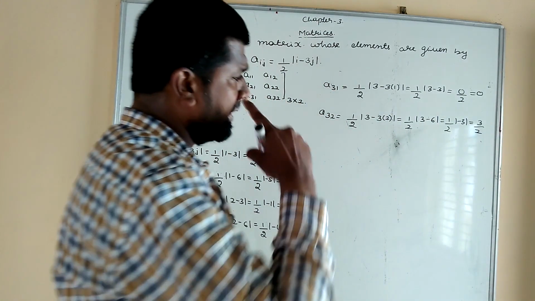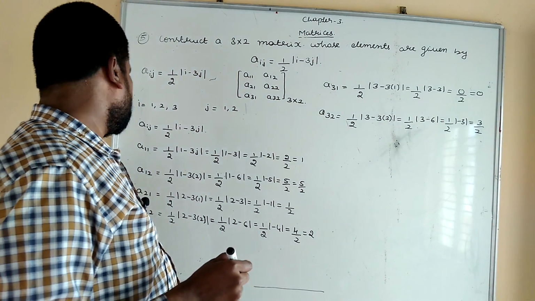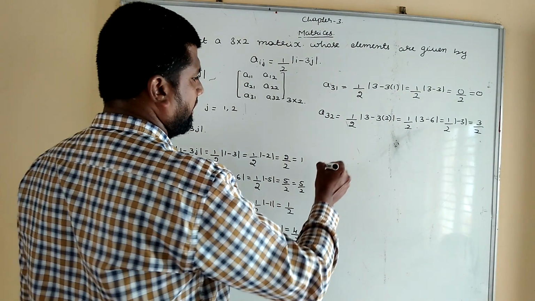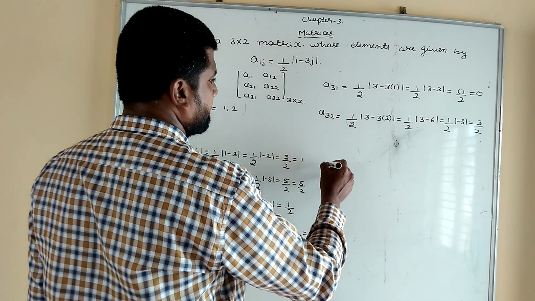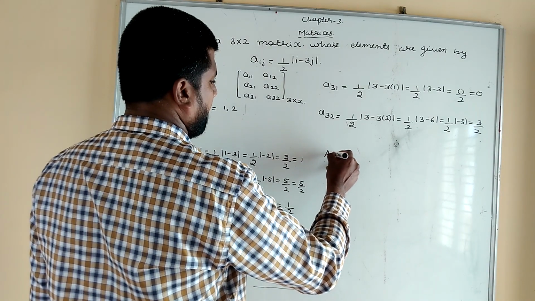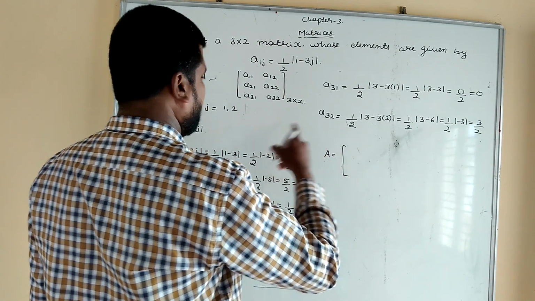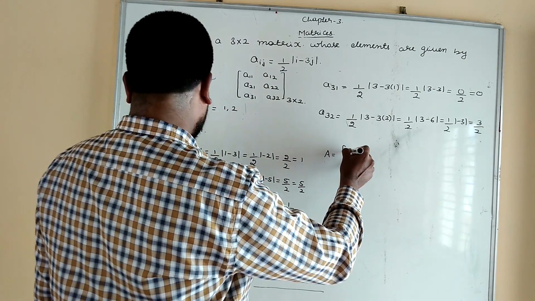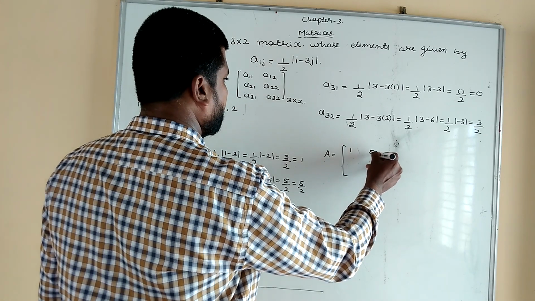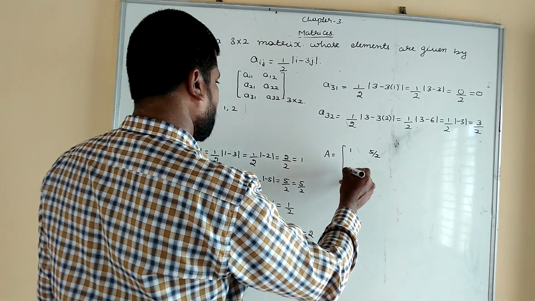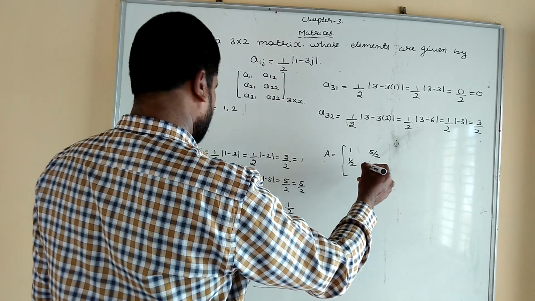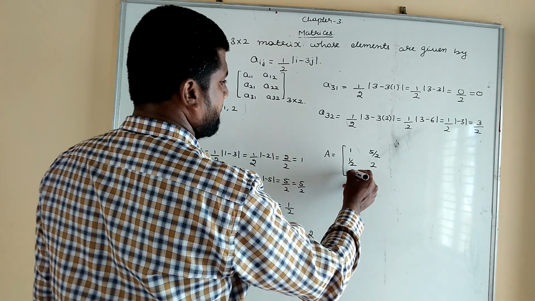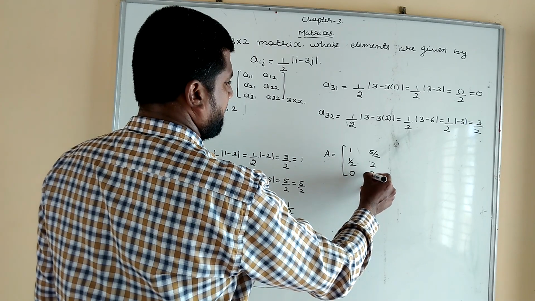So let us substitute the values in the general matrix, then we will get the matrix of order 3 cross 2. Let us name it A, equal to a11 is 1, a12 is 5 by 2, then a21 is 1 by 2, a22 is 2, a31 is 0, a32 is 3 by 2.